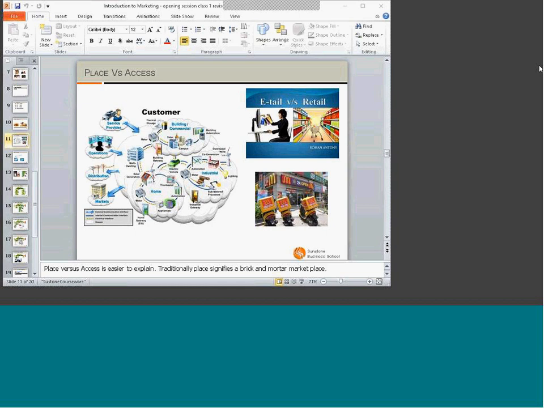So access encompasses everything, online and offline, which is why place versus access is easy to understand. As I kept repeating to you, in the 4 parameters, product versus solution is a build on, access is a build on, promotion versus education is a build on, but price versus value are two diametrically opposite things, unrelated and extremely important for marketing understanding in the current scenario.